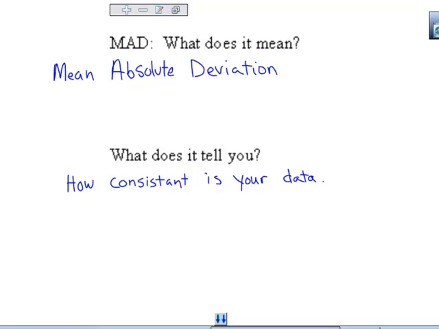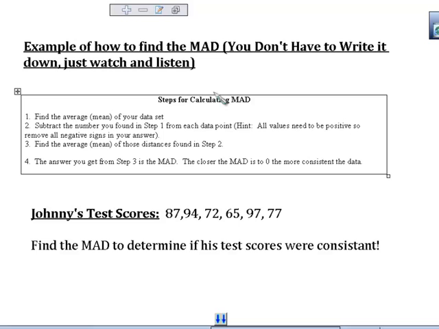So our next thing that we are going to do is I'm going to give you an example of how to find the MAD, and this example is not in your note sheet, so you don't have to write this down. You just watch and listen and pay attention. If you watch, listen, and pay attention to this, this is going to be pretty easy for you.